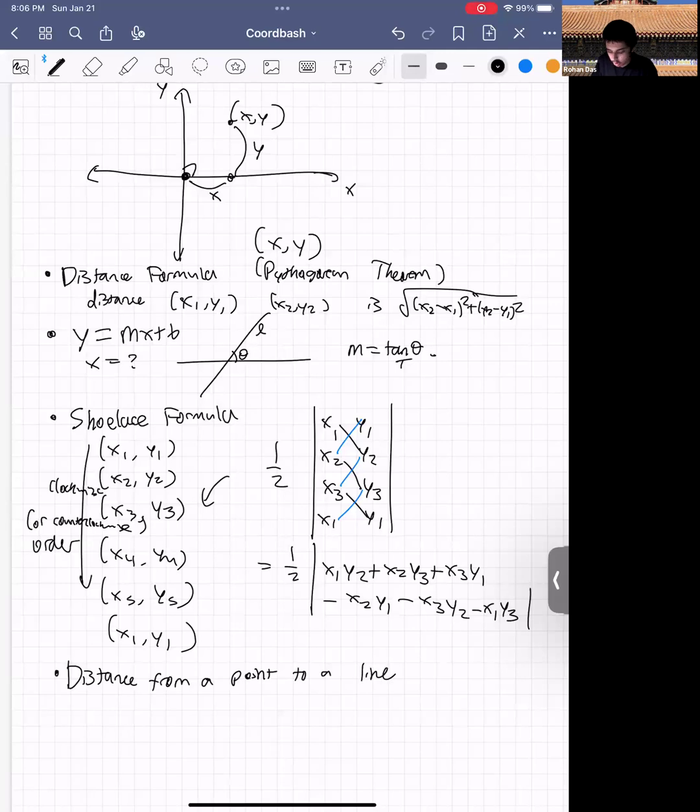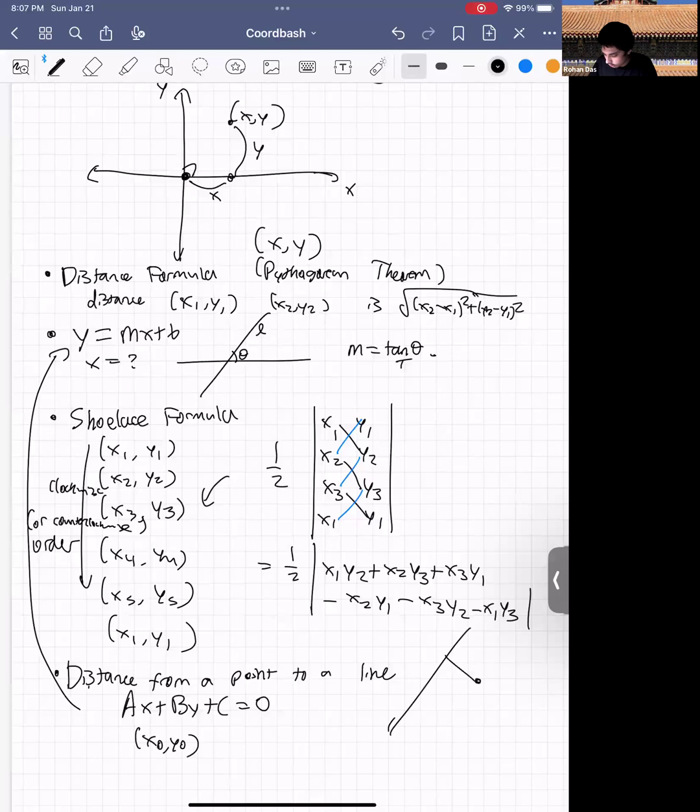If the line has equation ax plus by plus c equals 0, which is a rearrangement of the form given previously that can be more convenient when there's more symmetry between x and y, and you have a point (x0, y0), then the distance from (x0, y0) to the line, which we can think of as the length of the perpendicular segment to it, is the absolute value of ax0 plus by0 plus c over the square root of a squared plus b squared.